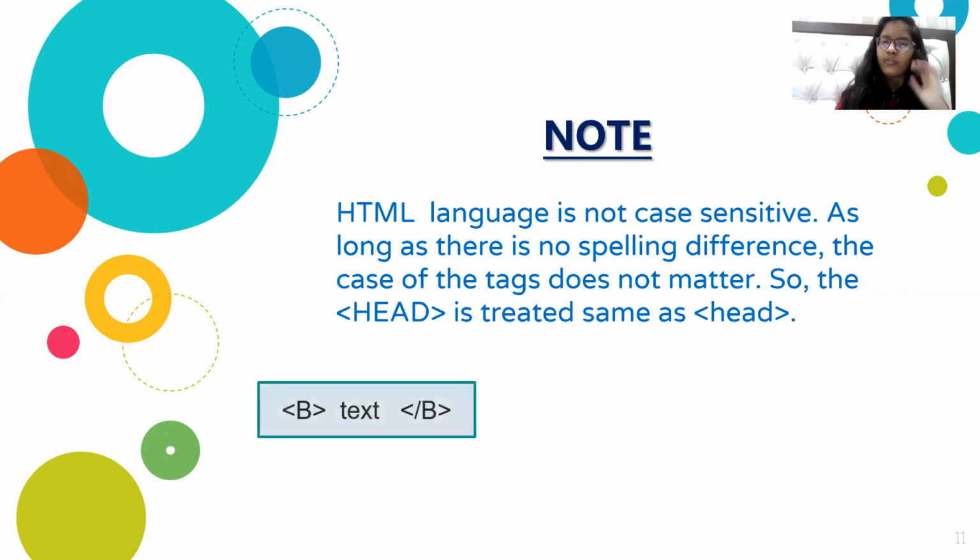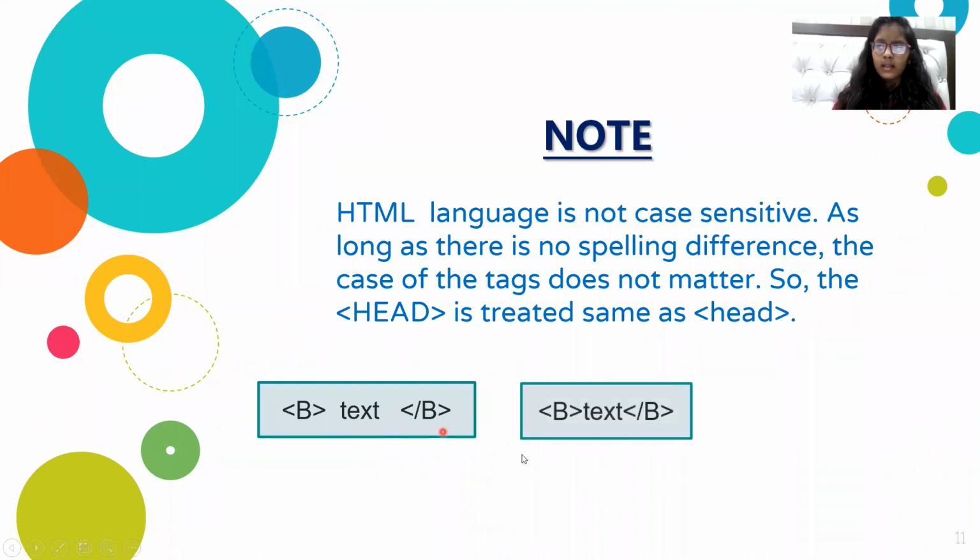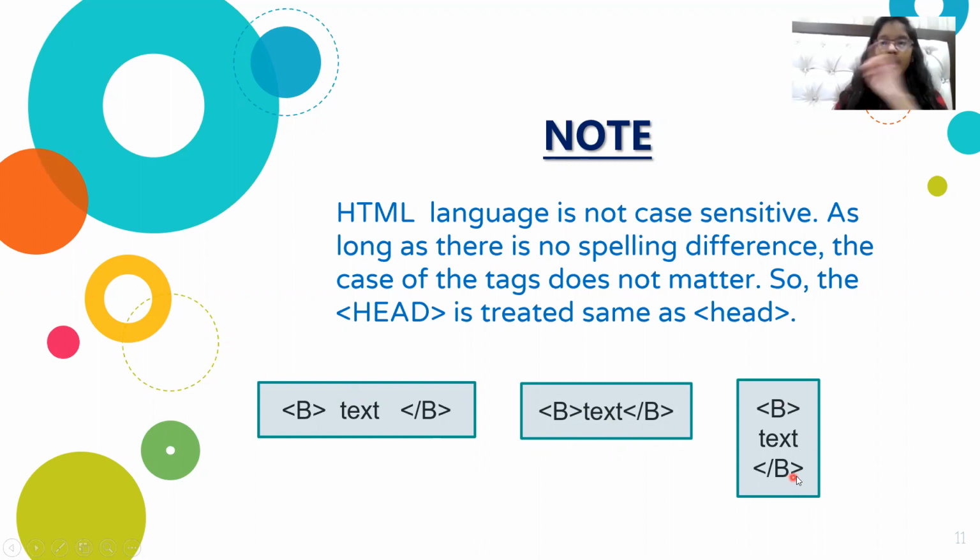For example, it also doesn't matter when you put spaces between them. Here you can see no spaces between them, and that also does not matter. If you put it on a new line with enter, that also won't matter, because there is no spelling mistake.